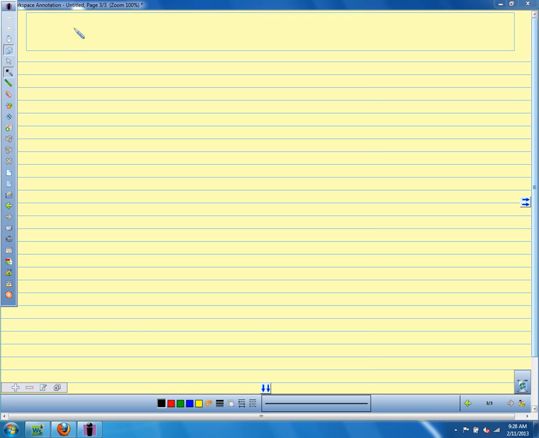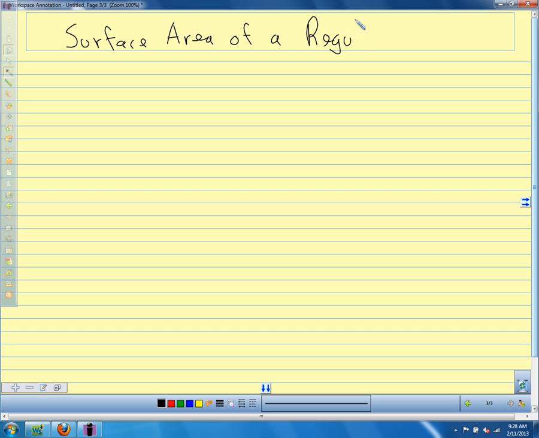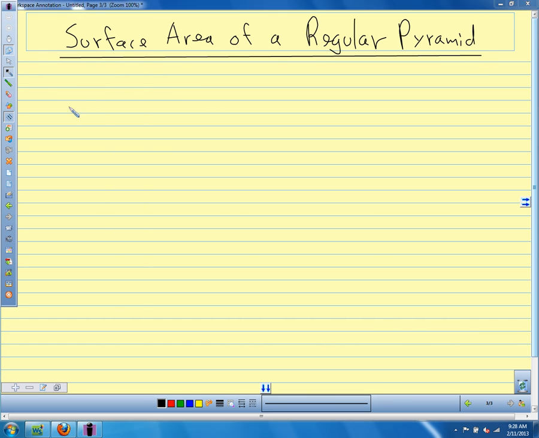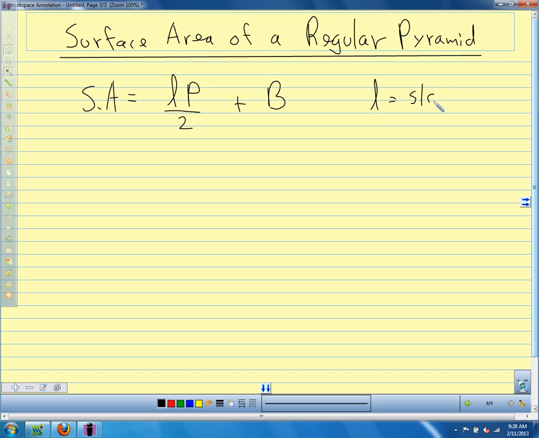Our surface area formula. This surface area formula is for a regular pyramid. Our surface area will say SA equals LP divided by 2 plus B. L is the slant height.